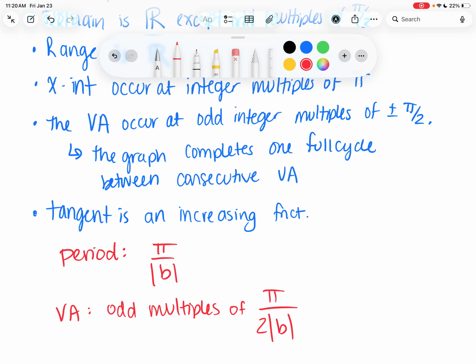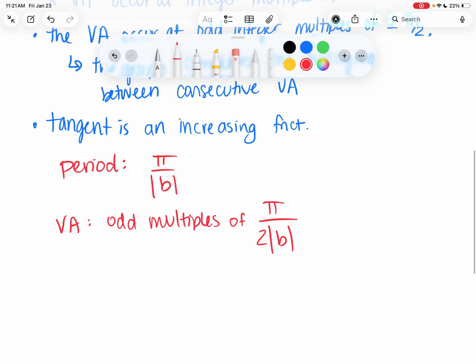So in general, if it's not just tangent of x, this is what you would use to find it. All right, so just a couple of them. We're not graphing them or anything other than, again, you need to know the parent function, but to find just these two things for tangent functions.